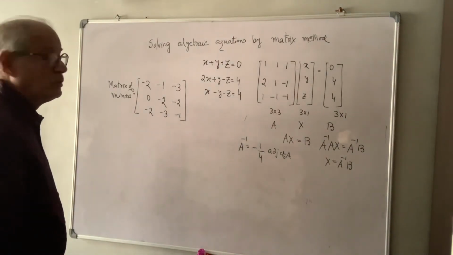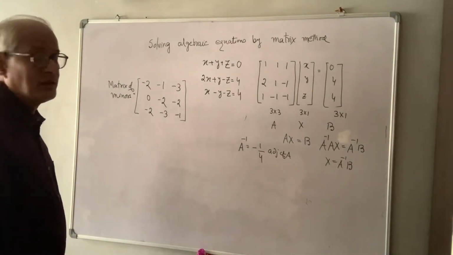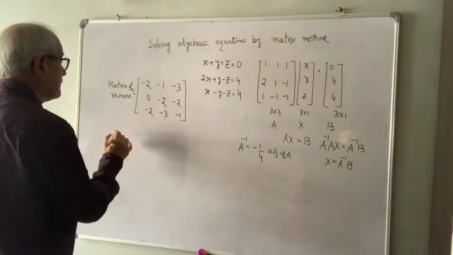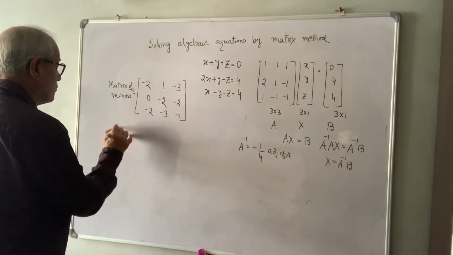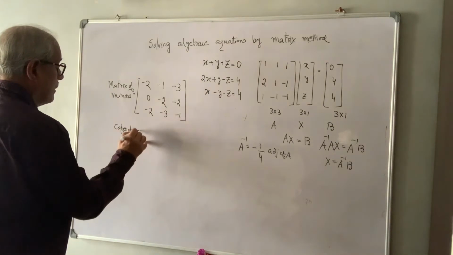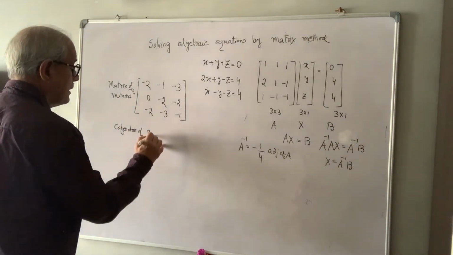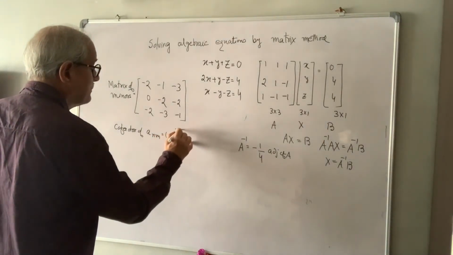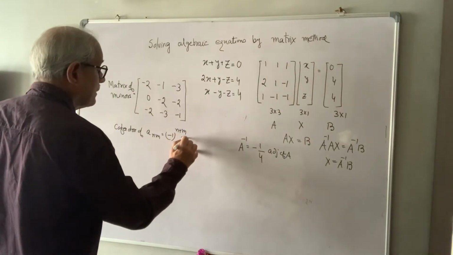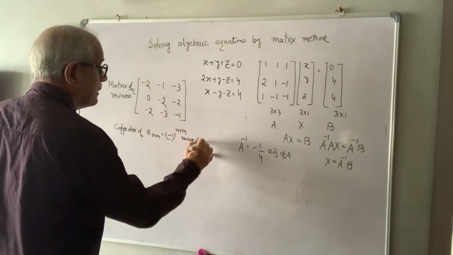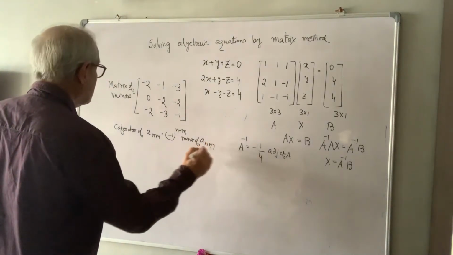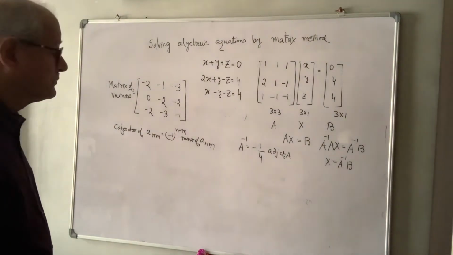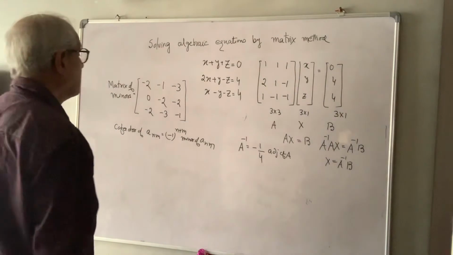Now, to find the cofactors, we have to multiply this matrix by, that is, cofactor of A, say Nm, is equal to -1 to the power n plus m into minor of ANM.